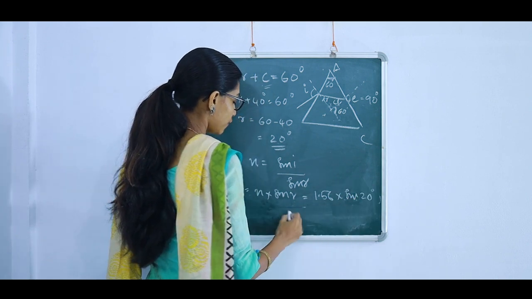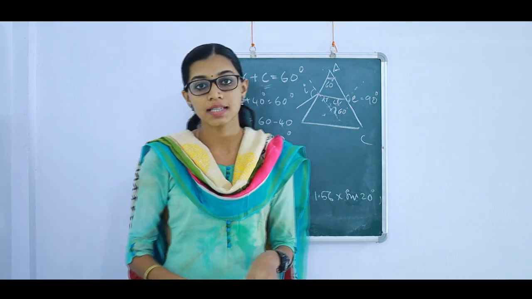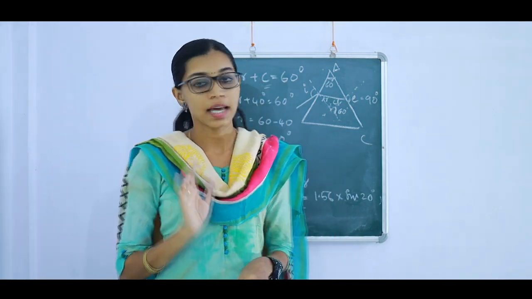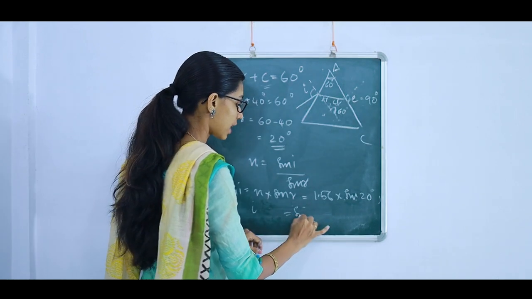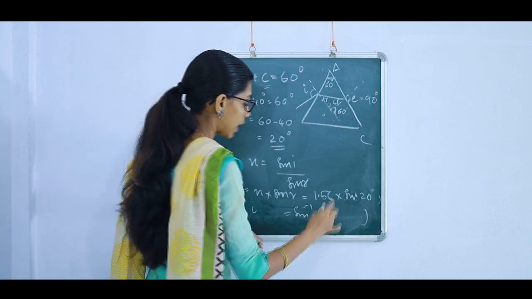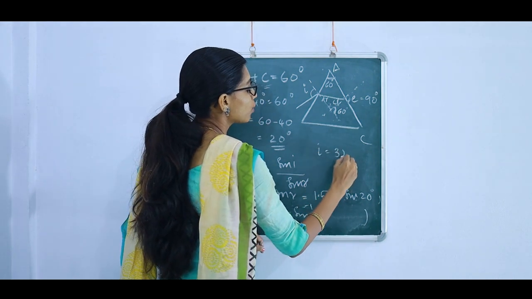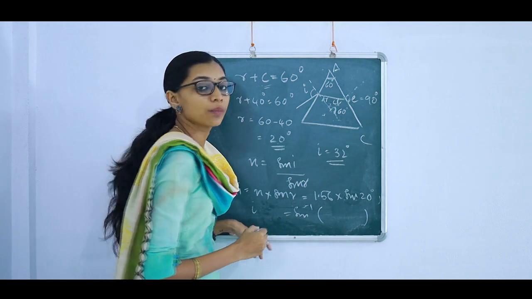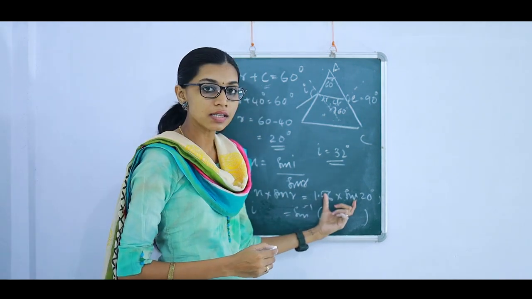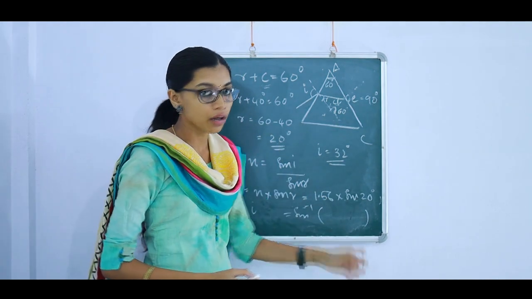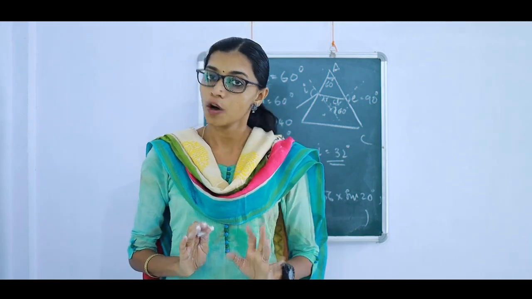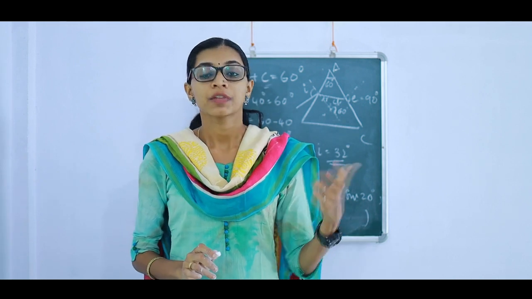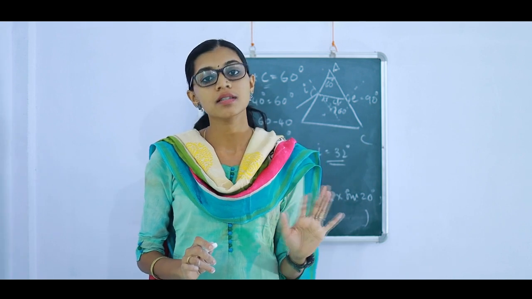When we solve this, i becomes sine inverse of this, and we get i is equal to 32 degree. You have to first solve this and then take sine inverse to get i. Or simply you can write sin i is equal to whatever you obtain. So this is how we find the angle of incidence for which the conditions of the question are satisfied.